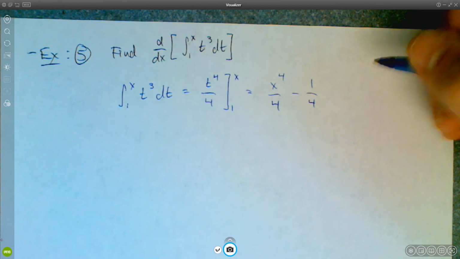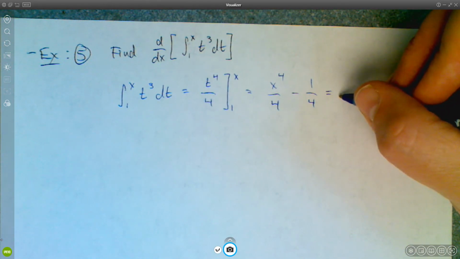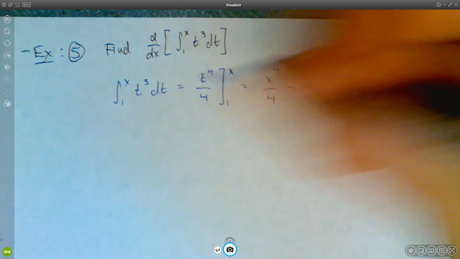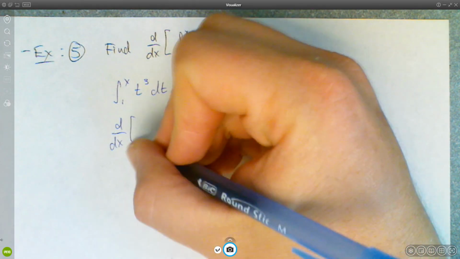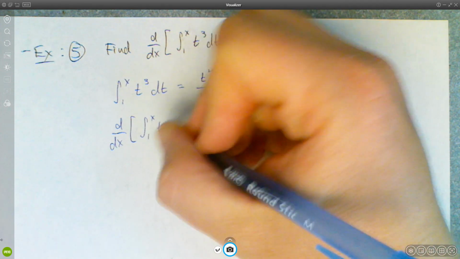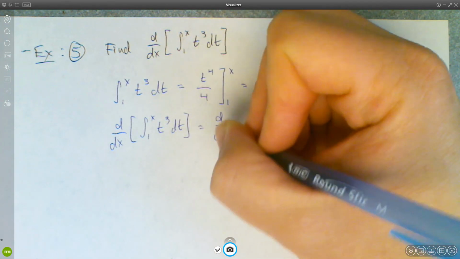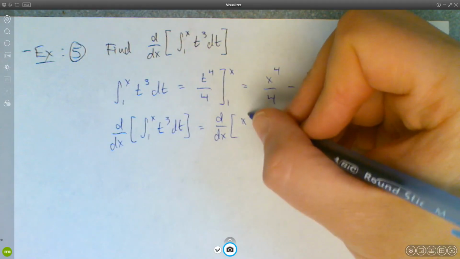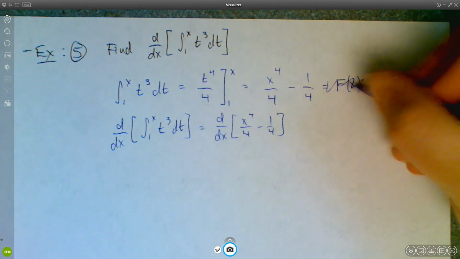Now, if I differentiate that, I'll call this thing capital F of x. Now if I differentiate, d dx of this, that's just d dx of x to the 4th over 4 minus 1/4. I guess I didn't need to label it after all.